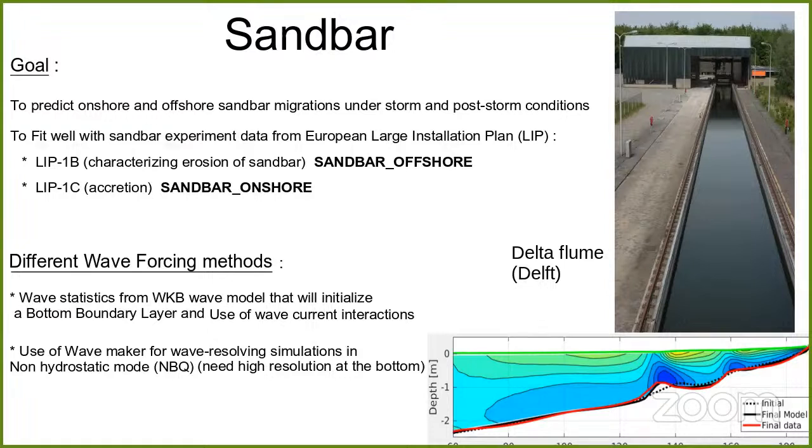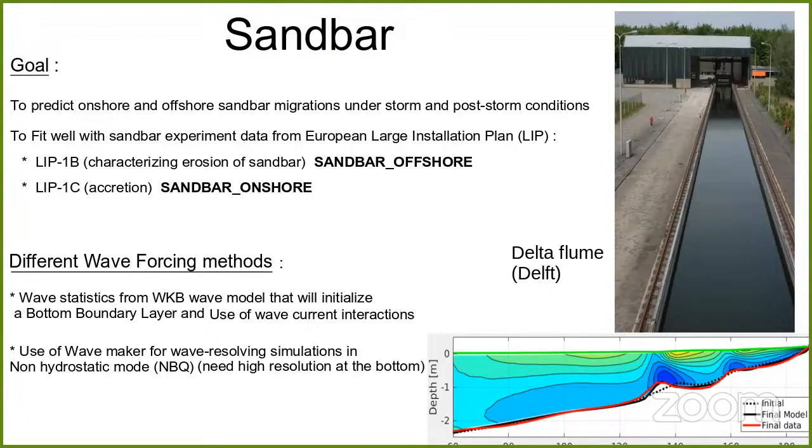So the idea is there on the right. You see a delta flume that is 300 meters long, in Delft, in the Netherlands, and you can create some waves on the boundary and do some experiments, like we are just seeing in the sandbar migration.